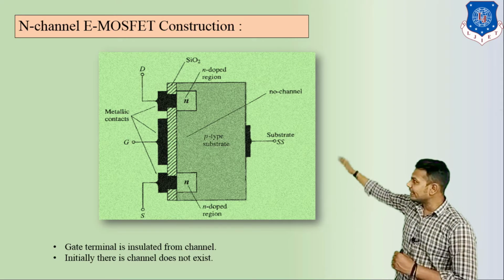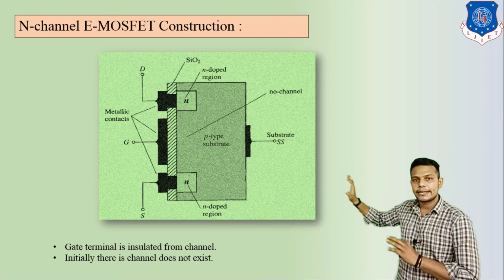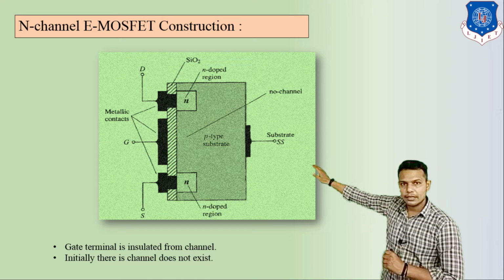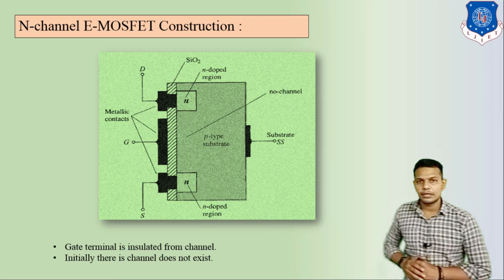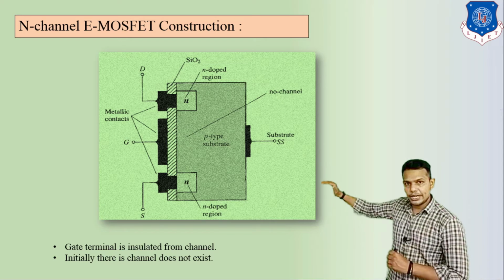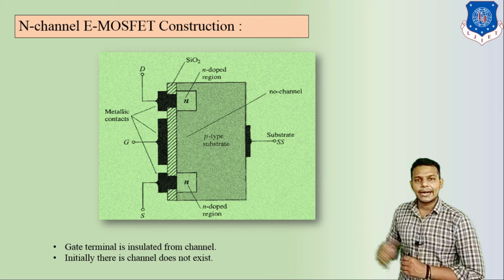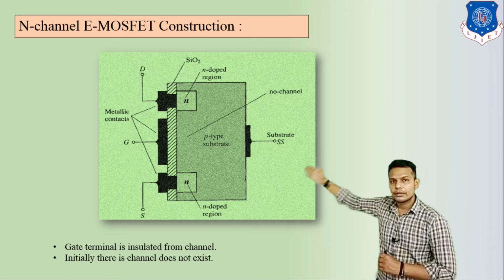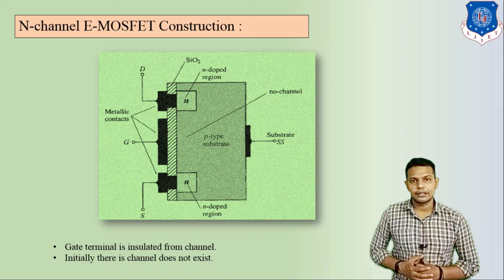The remaining things are the same as we have seen in depletion MOSFET: metallic contacts are there for drain, gate and source terminal. Drain and source are directly connected to the N type regions, whereas the gate is not connected directly with the channel.